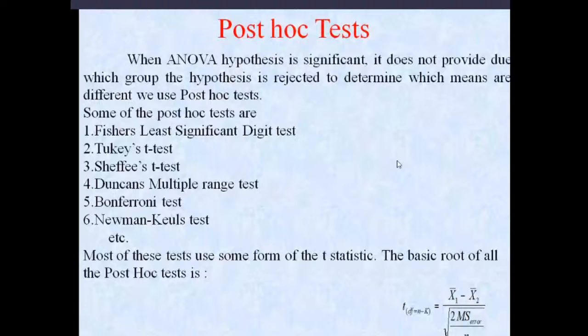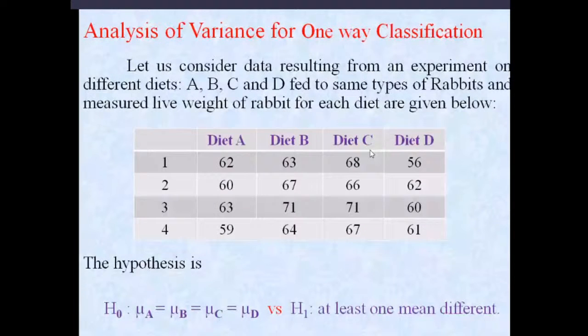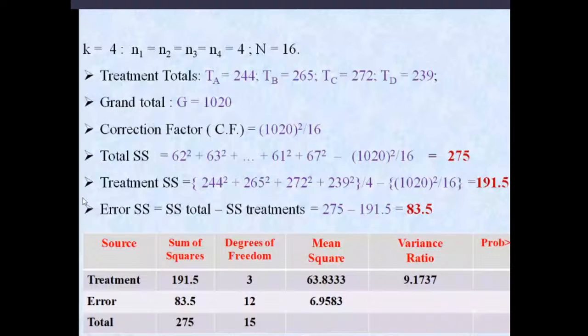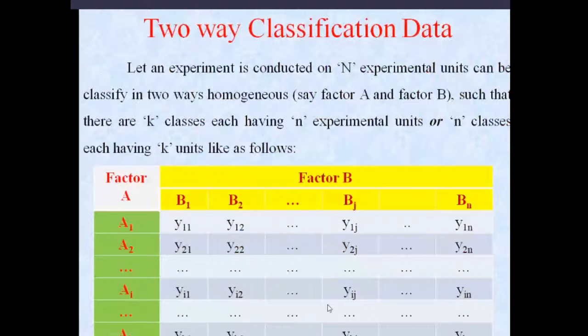That means in the analysis of variance, corresponding to error in the mean square column, whatever the value is there. So the mean square error value, 6.95, is what you are going to use here.